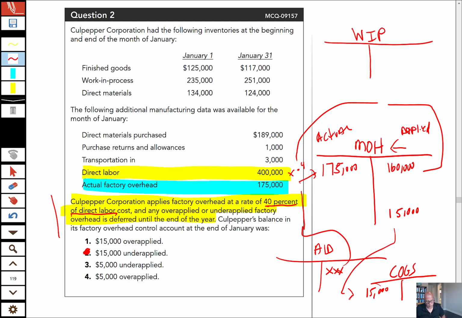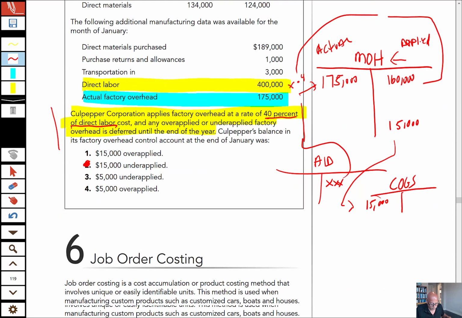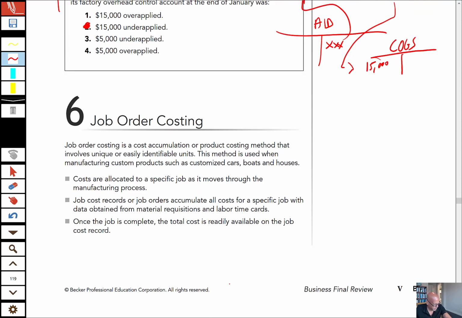So you want to make sure that you understand what the question is asking you, because we only use three numbers out of this whole sea of information to answer this question. Again, sorry for getting a little bit confused there on my debits and credits. I've only been looking at accounting for 30 years, so I'm still bound to make those kinds of mistakes. Okay. All right. Enough of that.